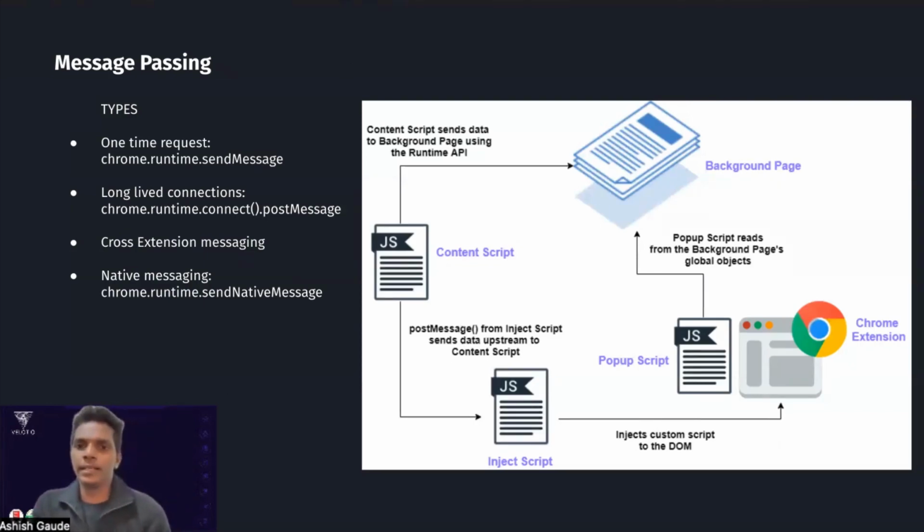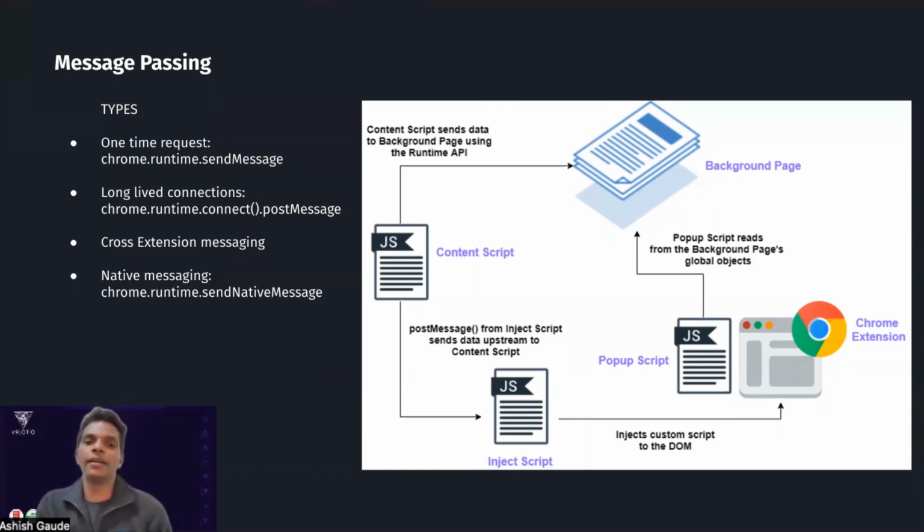In the example that is attached here, we have a content script communicating directly with the background page using Chrome's runtime APIs. Then there is another flow wherein we have a content script and an inject script. One of the major differences between a content script and an inject script is that a content script runs in the isolated context of the web page.